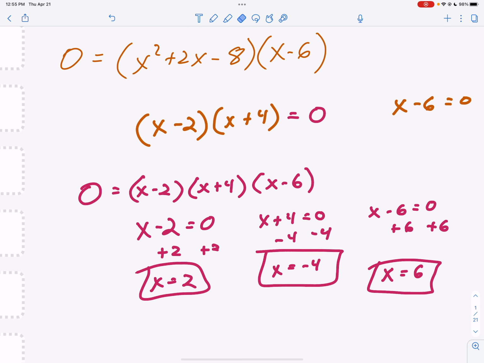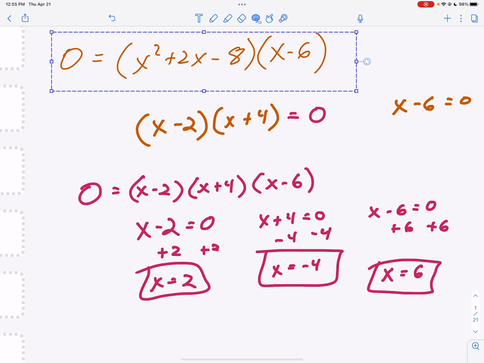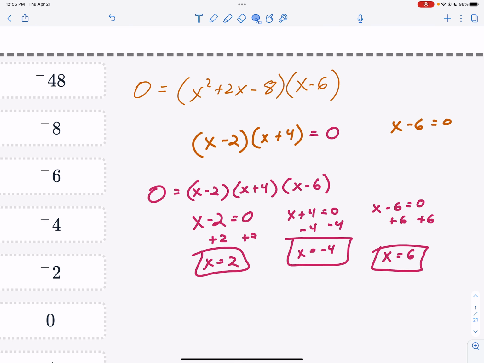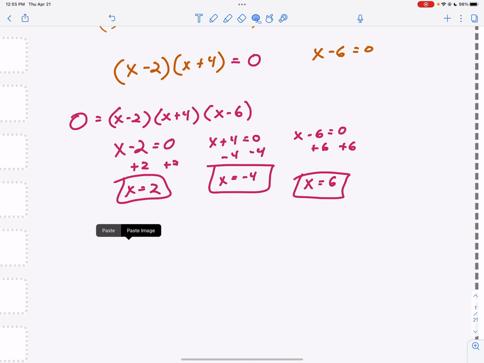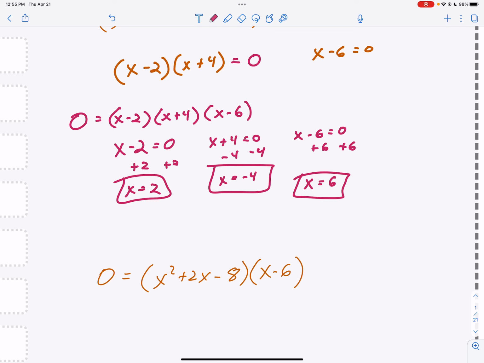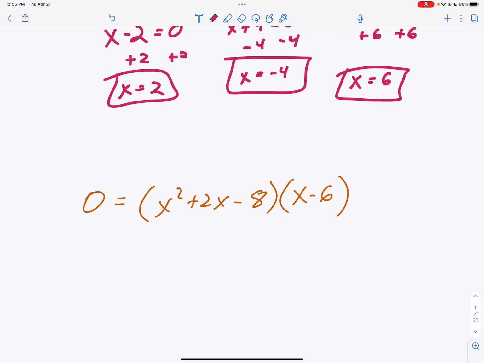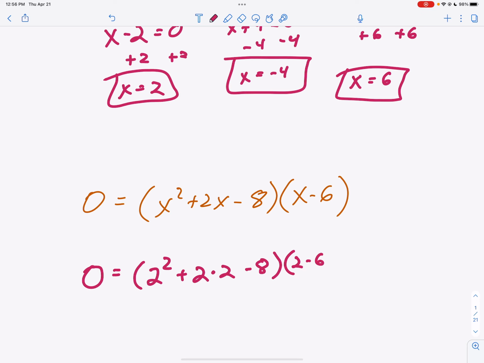So let me go back to the original equation and confirm that I didn't goof something. Let's plug in 2 and make sure that the left and right side of our equation are the same. So we get 2 squared plus 2 times 2 minus 8. I'm just replacing x with what I'm alleging it equals, 2, minus 6.